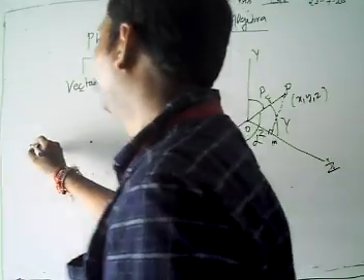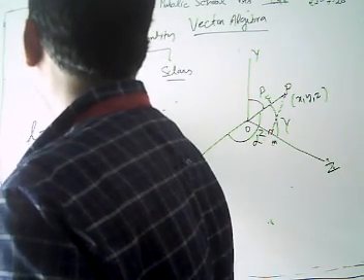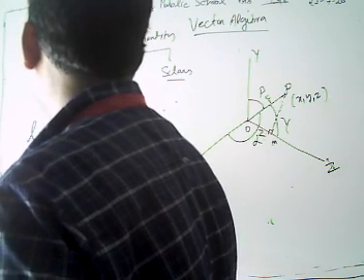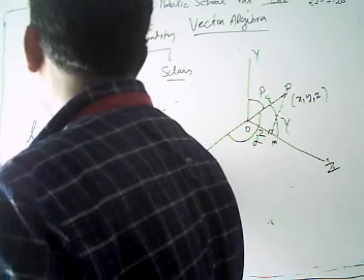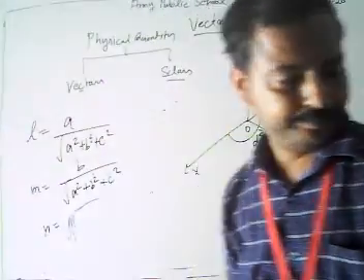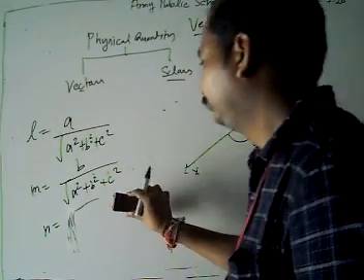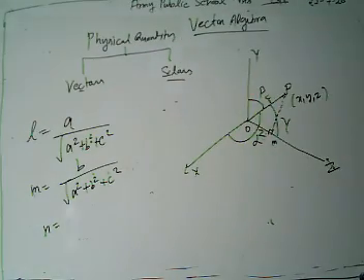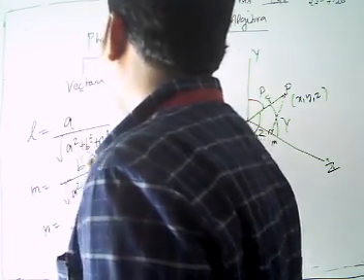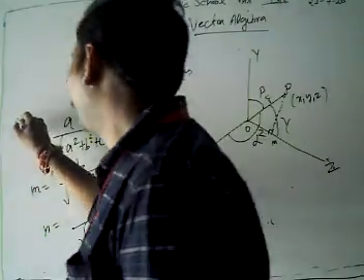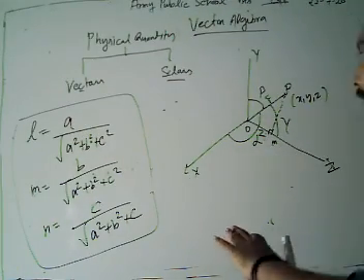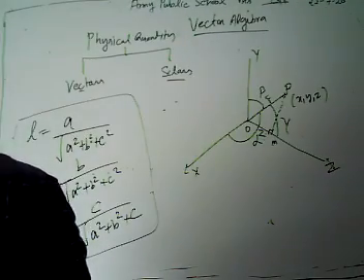If we have A, B, C, then L is A upon, M is given by B upon, and N is given by. Look, this is our relationship between direction cosines and direction ratios. We have discussed our terms direction cosines and direction ratios.